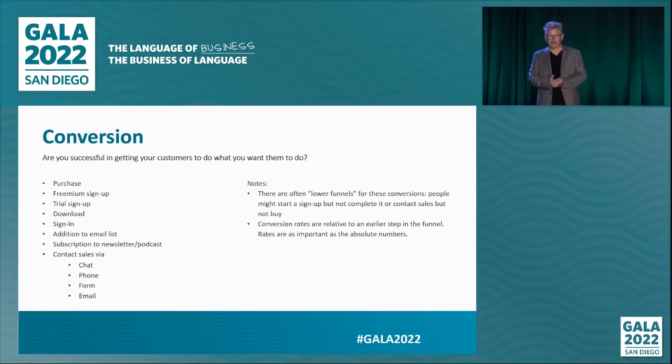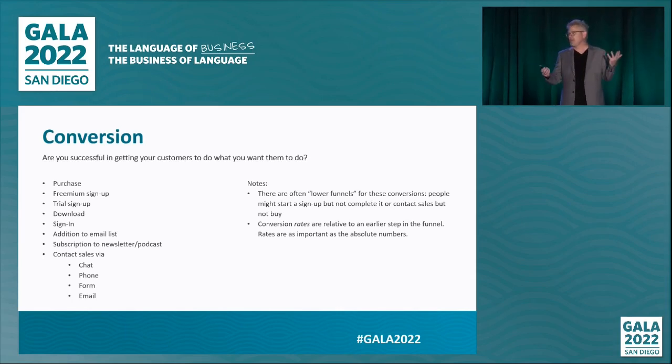Download, sign in, I mentioned those. You might just want to add people to an email list, subscribe to a newsletter, and then all these different ways of contacting your sales team. And obviously, for all those, you need to have the available channels.